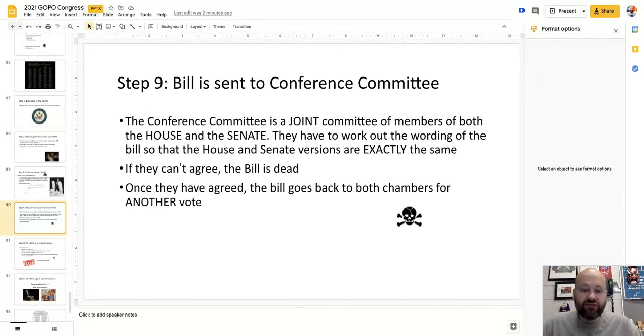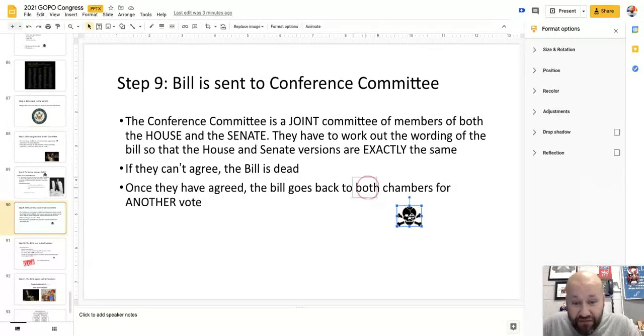The person that wrote the bill is going to be on conference committee, but also members from each committee that passed it from the Senate and the House are going to be there too. Now, we get Democrats and Republicans in a room and we say, agree. And if they don't agree on exactly the same bill, it's dead.